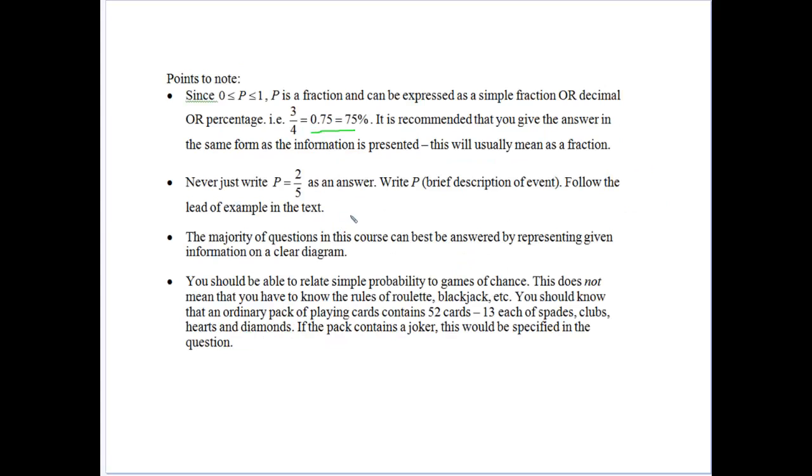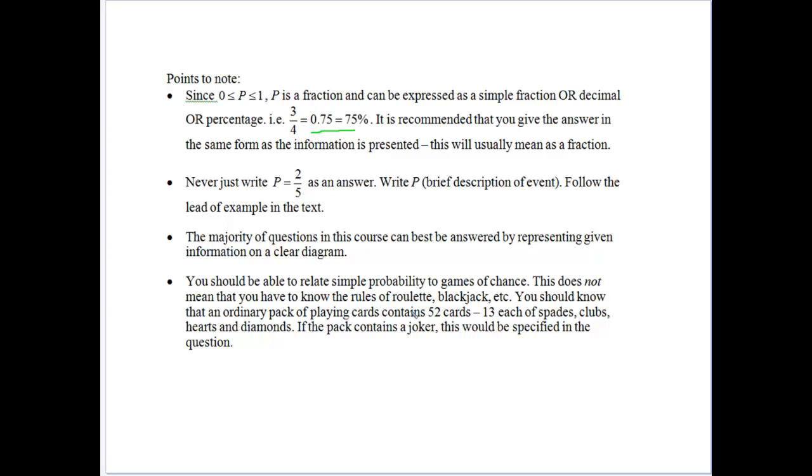So, like we had before, try to write something in there just to signify what the probability is. Again, it's about communication. The majority of questions we'll get in this course will need a diagram. You start to get a little bit more complex. Draw up a diagram or draw up a table. Do something that helps you answer the problem. And remember, that's part of problem solving. What we do need you to know as well are just simple probabilities of some games of chance.